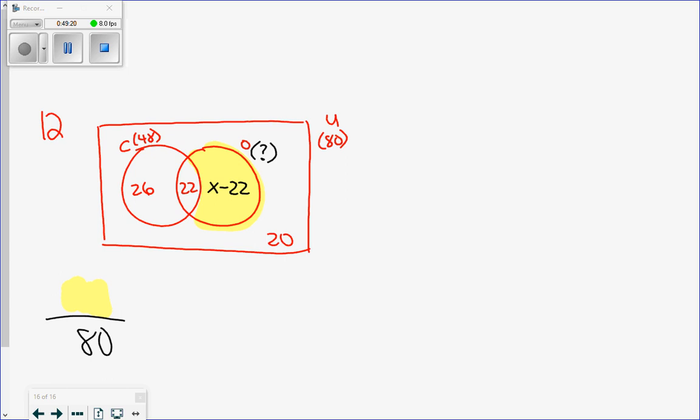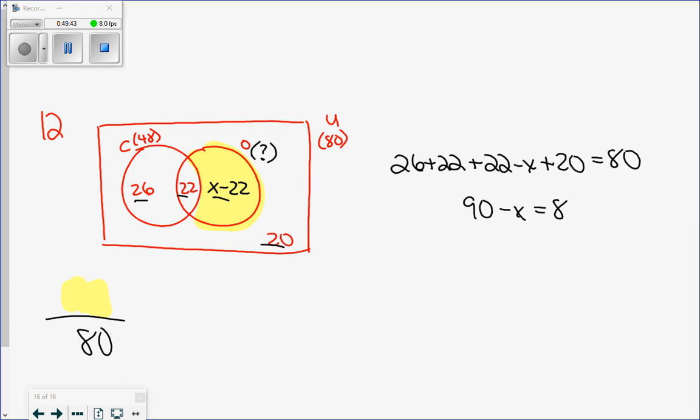So now I'm going to set up my equation. I'm going to go 26 plus 22 plus 22 minus x plus the neither gives me everything I need. So add them all up. So, oh boy, 44, 54, 64, 70, 80, 90. Okay, so what does x have to be? 10.